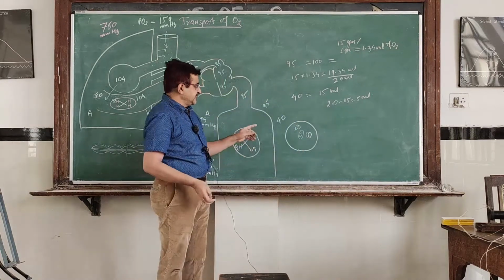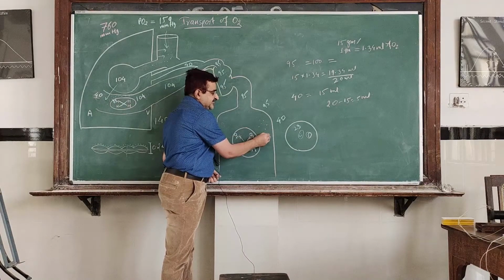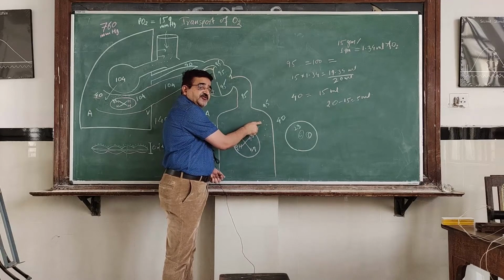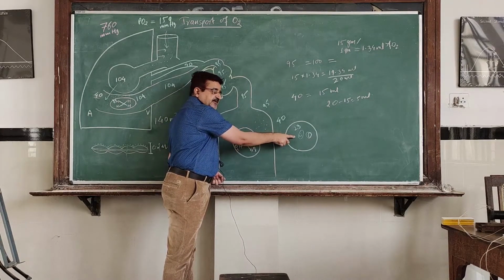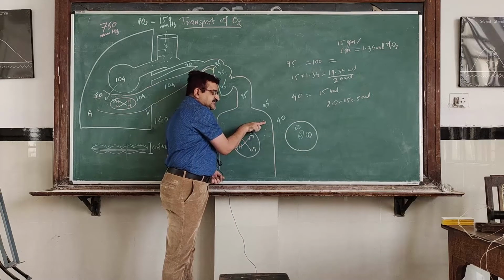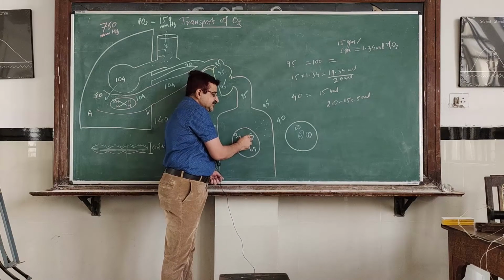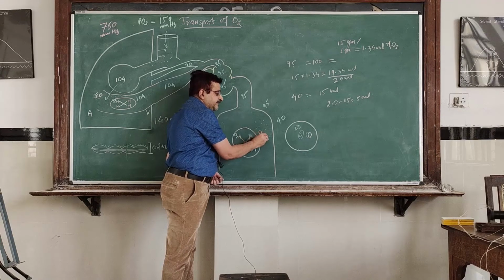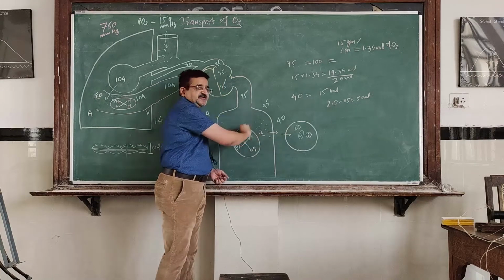Next thing, initially when oxygen is being delivered, initially oxygen that is present in the free form or the dissolved form, it is then made available to the cell. Once the partial pressure starts dropping down, the O2 that is attached to the hemoglobin, it is released from here and it enters into the plasma, and from there it goes to the interstitial space and ultimately it reaches the cell.